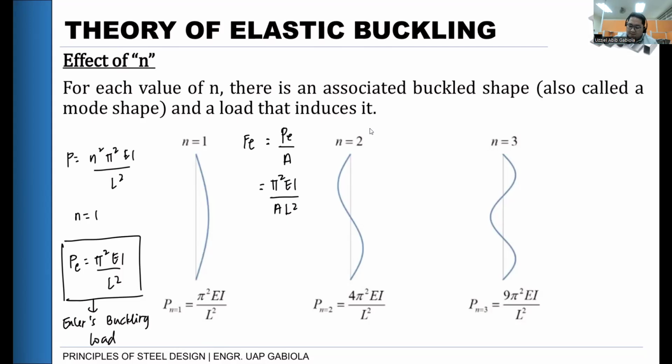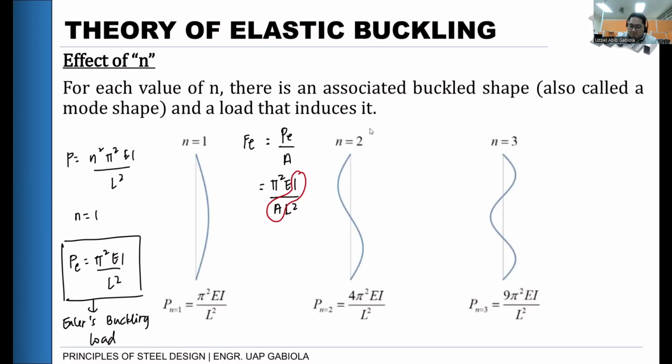Okay? And then, mapapansin natin dito, meron tayong I over A na notation dyan. And yung I over A na yan, nadaanan na natin siya sa design ng tension members o sa analysis ng tension members, if you can recall, dun sa slenderness limitation natin, that is part nung ating tinatawag na radius of gyration.